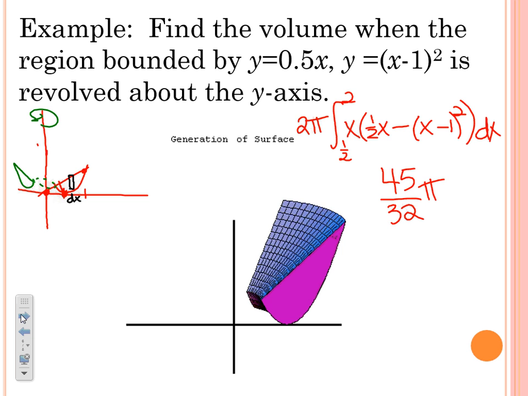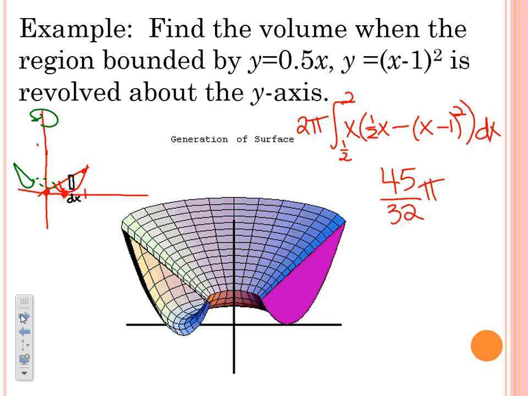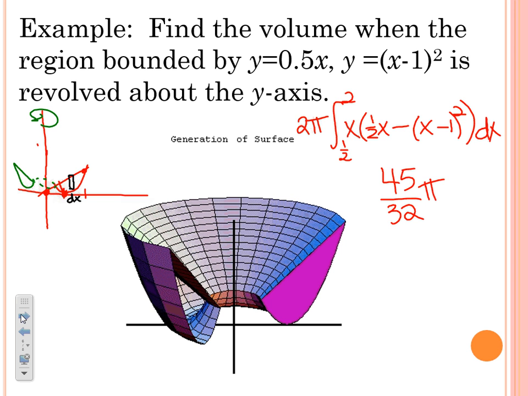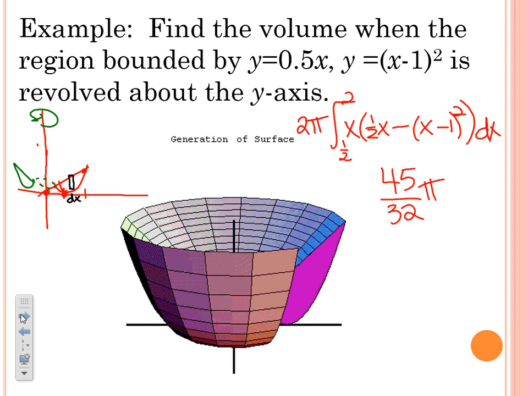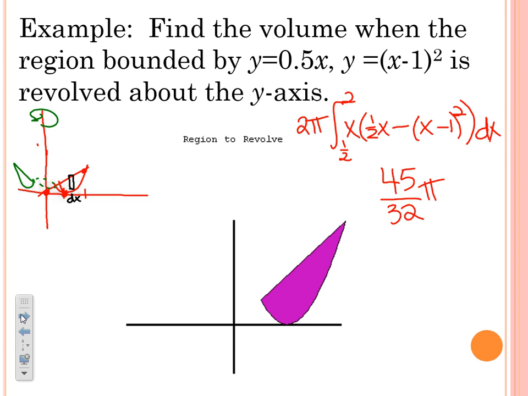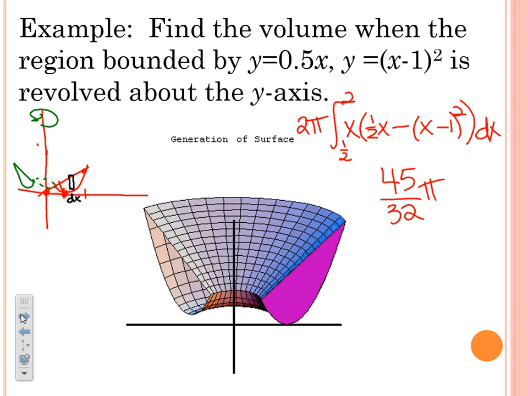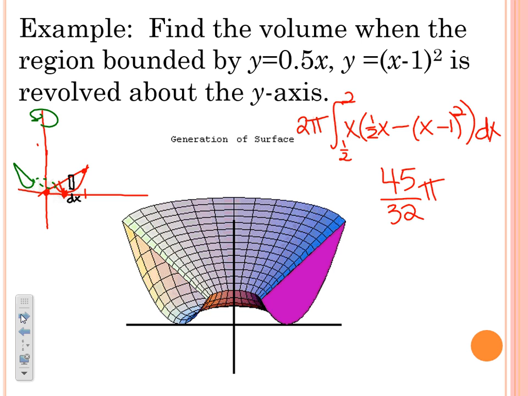So in this case, the shell method is extremely ideal because we don't have to break our area up. If I try to put horizontal rectangles in here, right minus left changes.